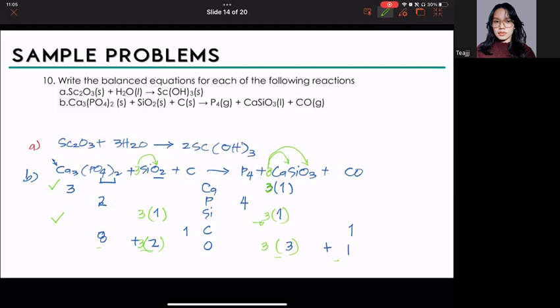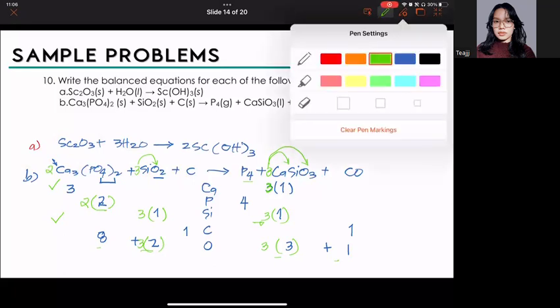Di pa natin na-balance yung phosphorus. Na yung phosphorus, P4 dito, dito dalawa lang. So now, we multiply this by 2, maapektuhan yung calcium na na-balance na natin kanina.